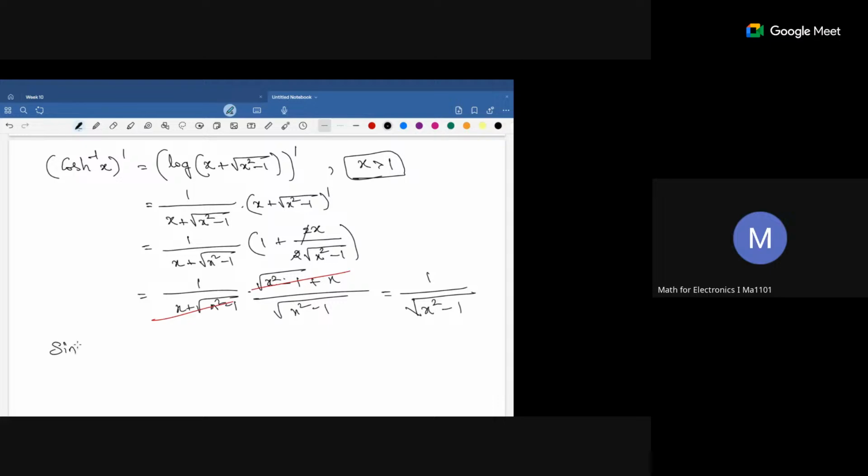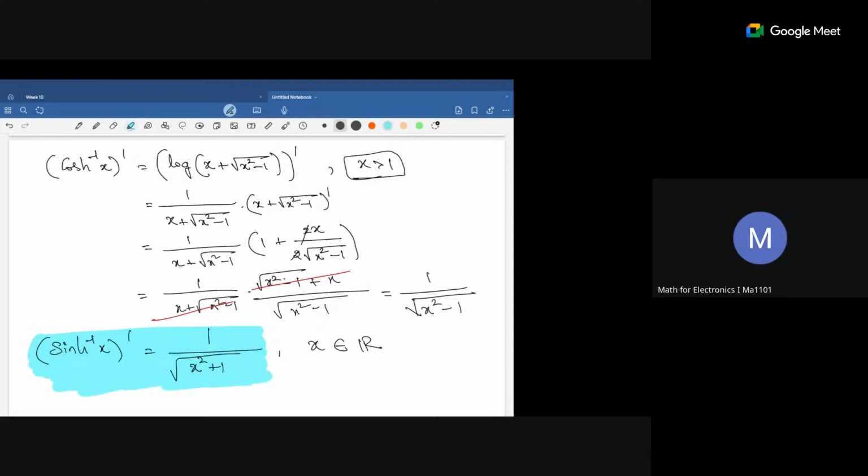Okay, so similarly, sine hyperbolic inverse of x derivative also you can compute. And finally, again, many cancellations will happen. Finally, you will get x square plus 1 whole root. And this x can take any real value. Okay, so these results will help us in computing integrals of these kind of functions.